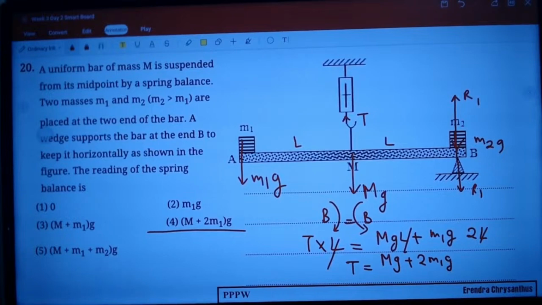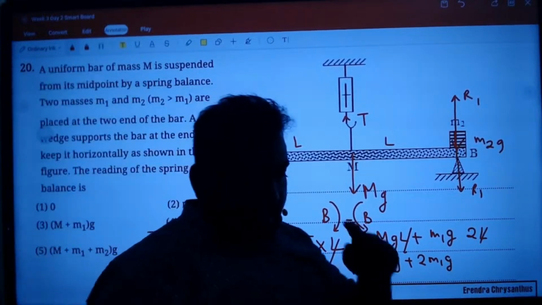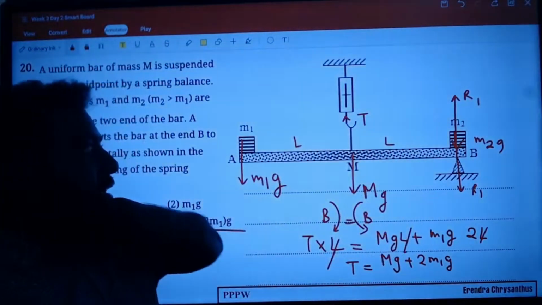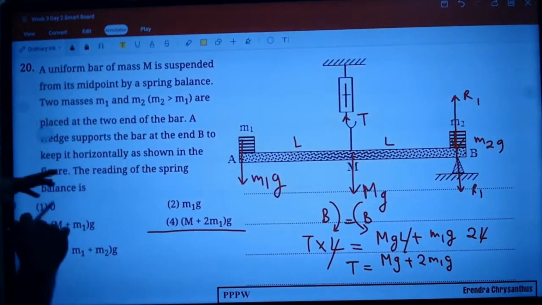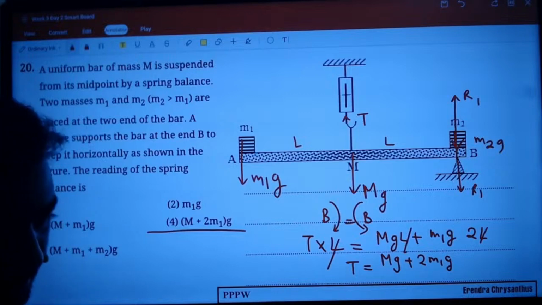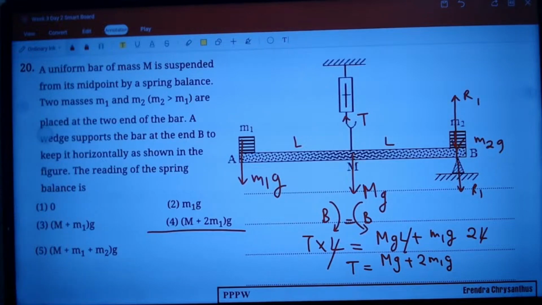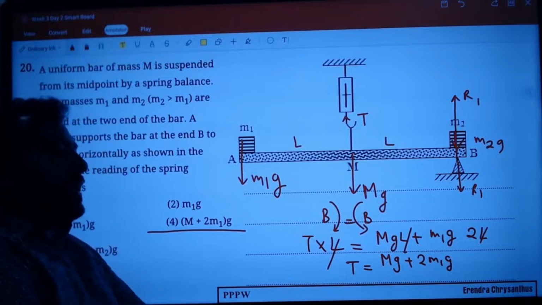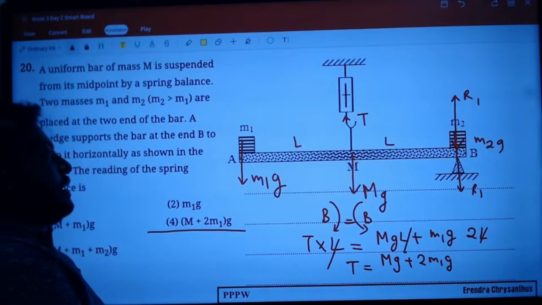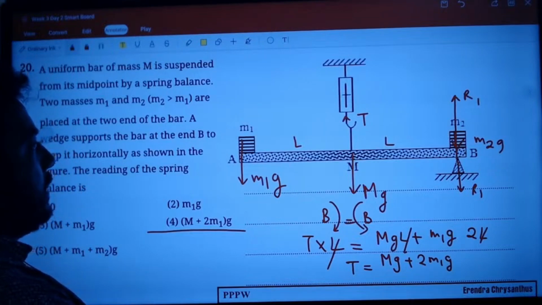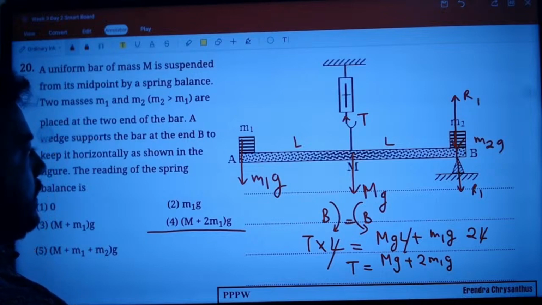Right now. So if I timed it today from exactly 9:30 to 10:20, discussing 20 MCQs took around 50 minutes.